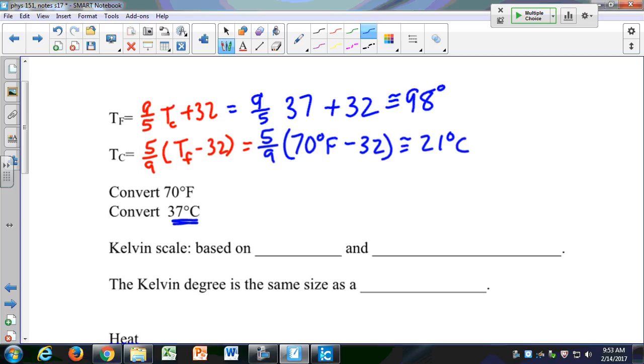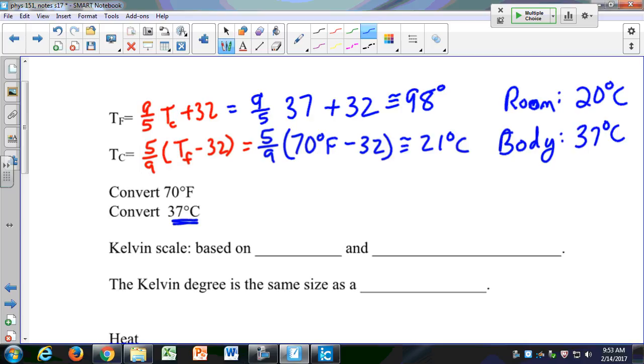Just two temperatures to give you a reference point.